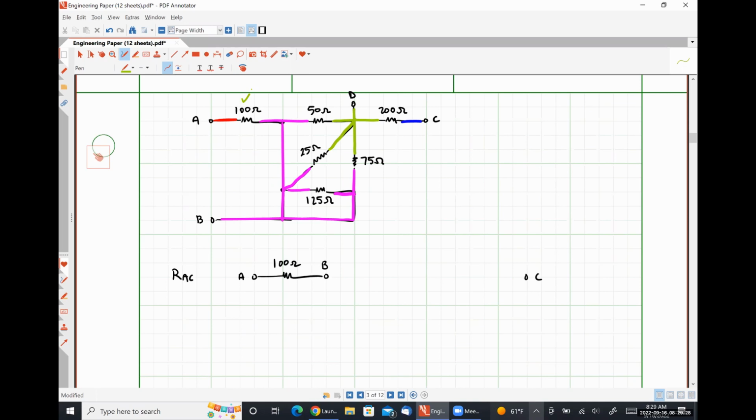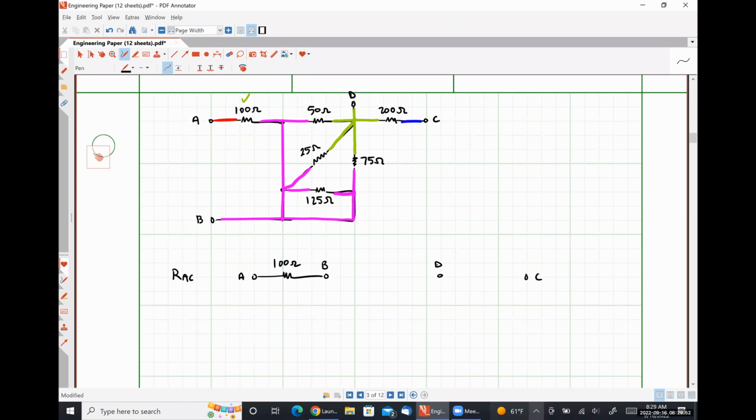To go from B to C, I'm obviously going to have to go through node D. So I'm going to place node D over here. But there are multiple different ways that I can go from B to D. I can go from B to D through the 50 ohm resistor.